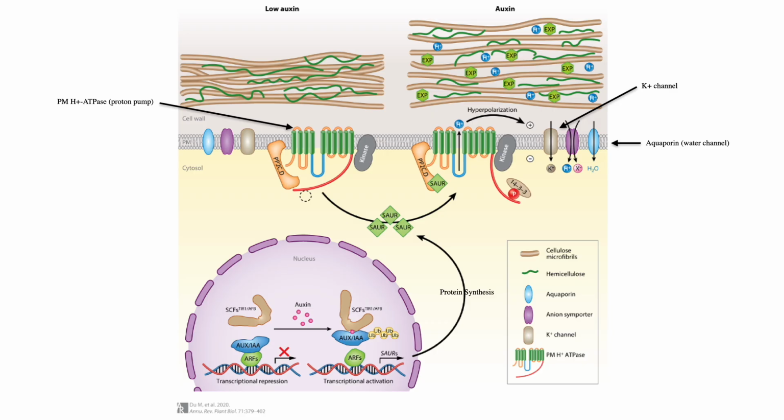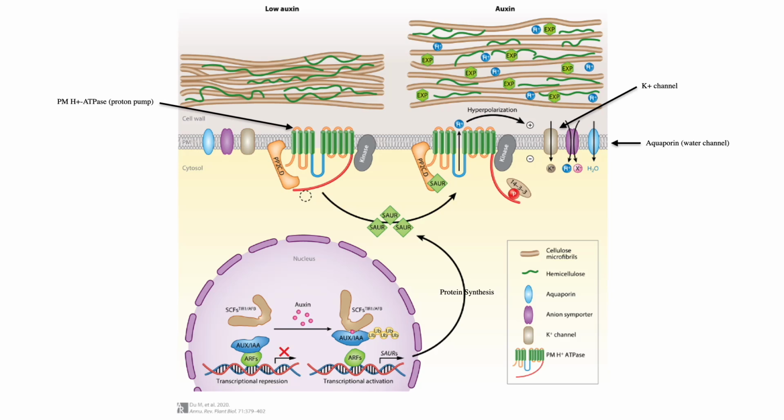The current model for auxin-induced growth integrates auxin transport, gene expression, and cell wall mechanics. It involves the hormone's interactions with receptors, the regulation of gene expression, and subsequent effects on cell wall properties, ultimately leading to cell expansion and growth.